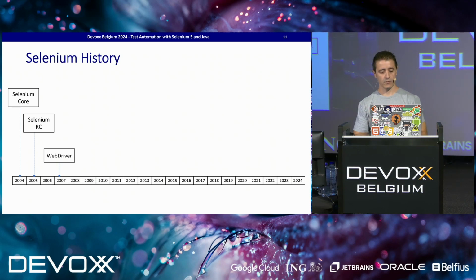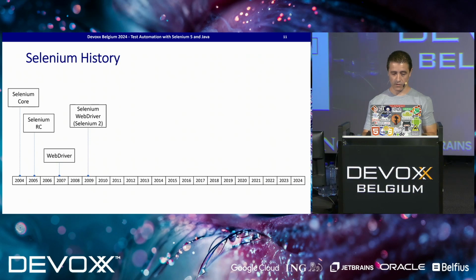So Jason and Simon met at the Google Test conference in 2008, and they decided to work together, not to compete, and they merged these two tools in something they call Selenium WebDriver, which is what we have now. Since then, Selenium has been a very popular project for browser automation.